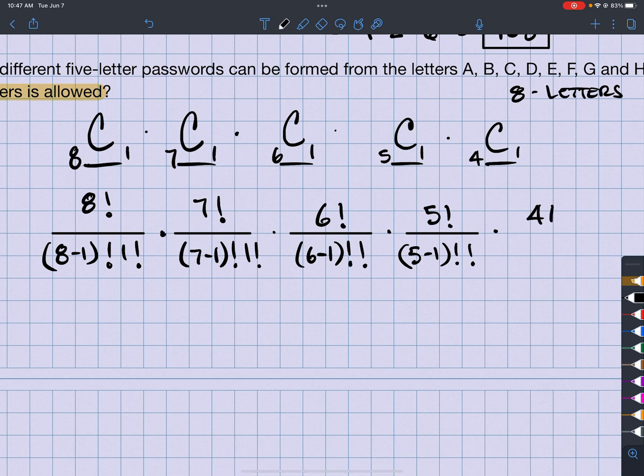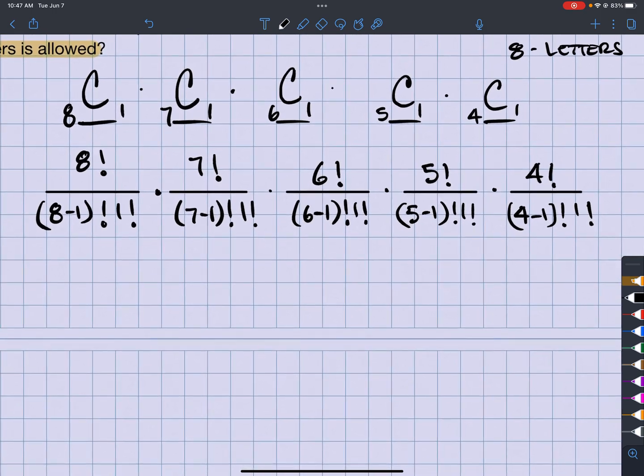And then 4 factorial over 4 minus 1 factorial, 1 factorial. Oops, forgot the 1 here. I did it a couple times, didn't I? Let me erase that. 1 factorial, 1 factorial. Okay.